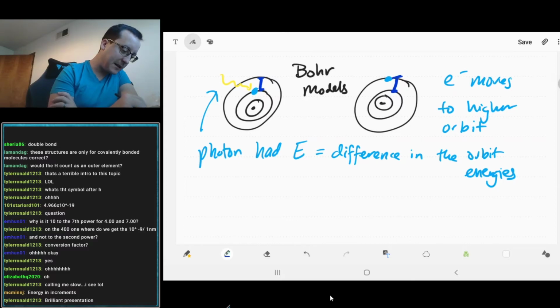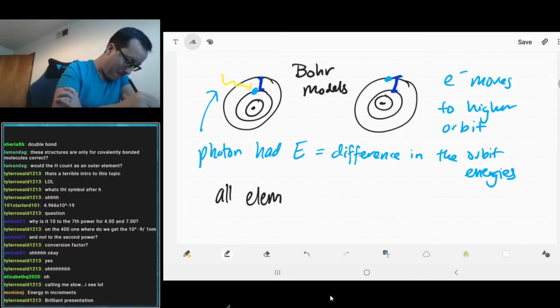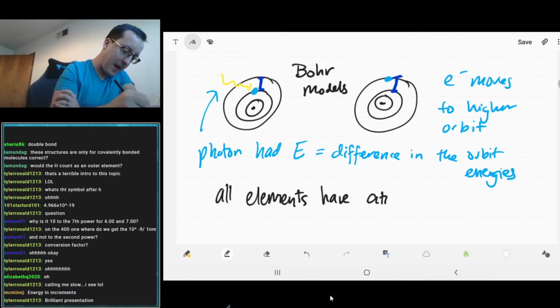And so we're going to see that all elements have different orbits.